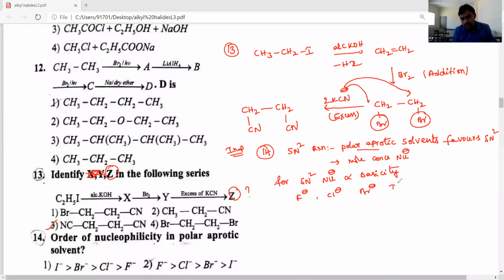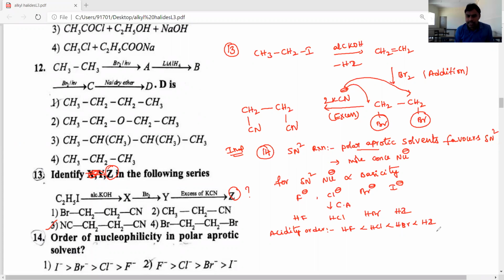See, for this case, first we will write the conjugate acids of these bases: HF, HCl, HBr, and HI. Now the acidity order: HF is less acidic than HCl, then HBr, and then HI.